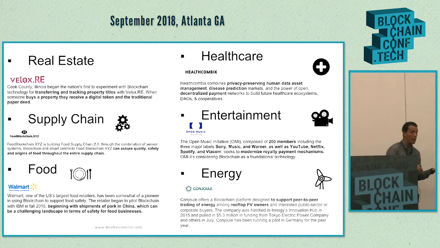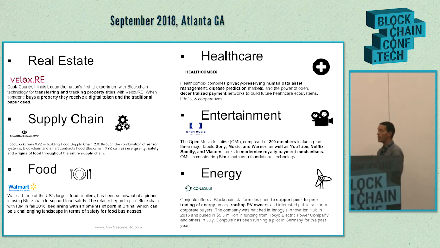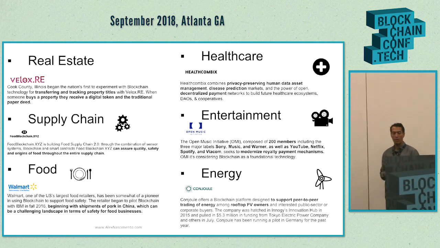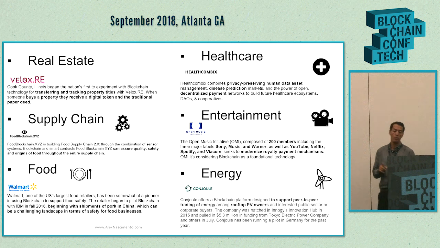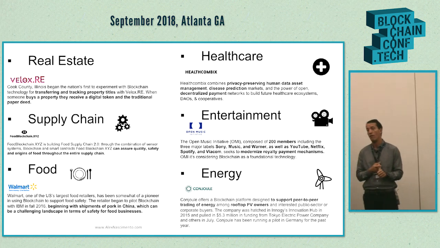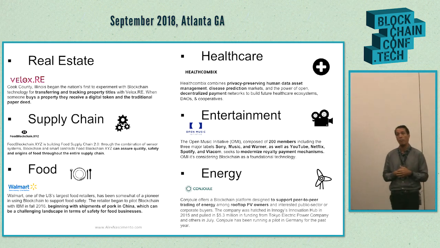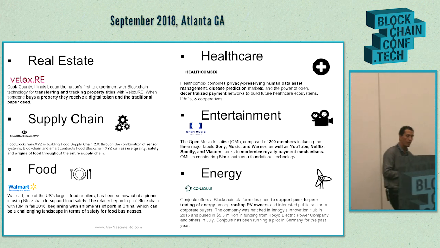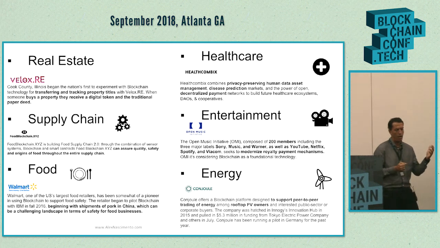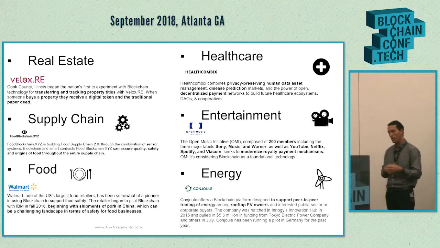When you talk about entertainment and payments of royalties, Open Music is a collaboration between really large players like Sony Music, Warner, YouTube, Netflix, Spotify. All these guys are now part of Open Music, which is really looking at blockchain to improve the payments of royalties.